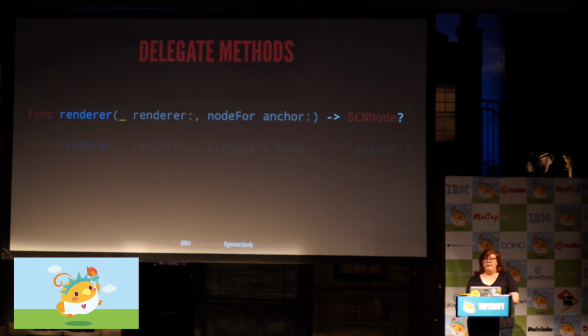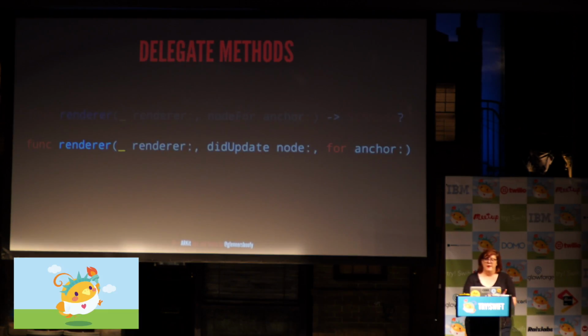And then another important method is the update method on the anchor. So in our case, we'll be detecting horizontal planes. And as you pan the camera or the phone around, it will start to actually update the size information of the plane. And so we'll use that information to update the visual that will be there.